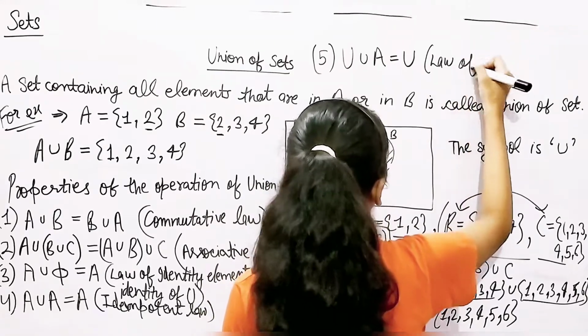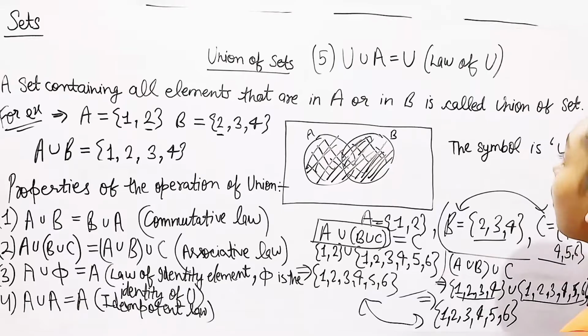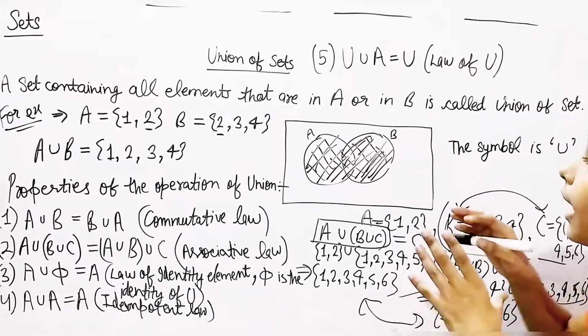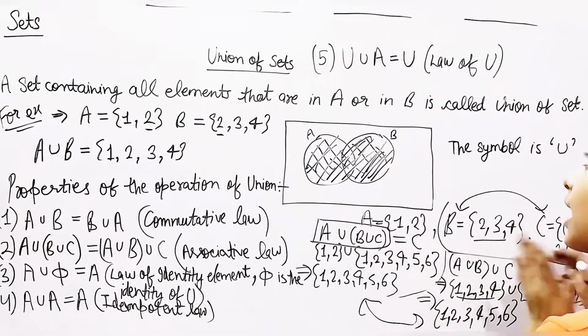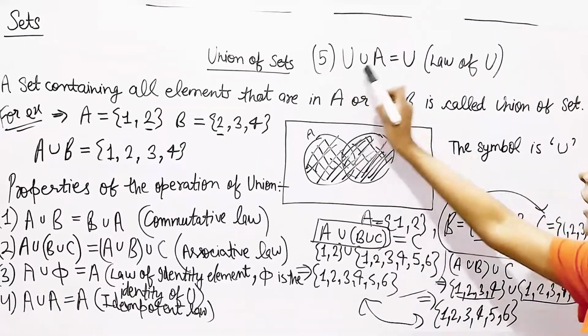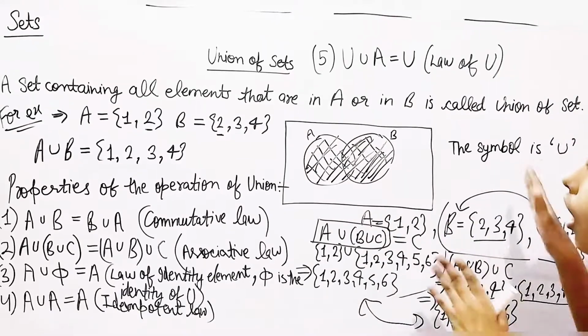The union of the universal set and set A is equal to the universal set, through the law of universal set.